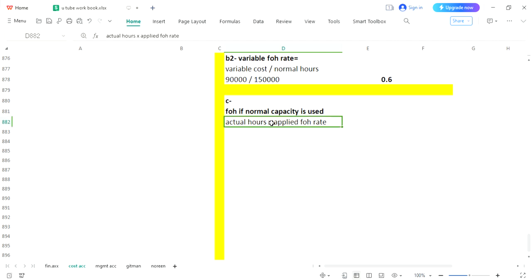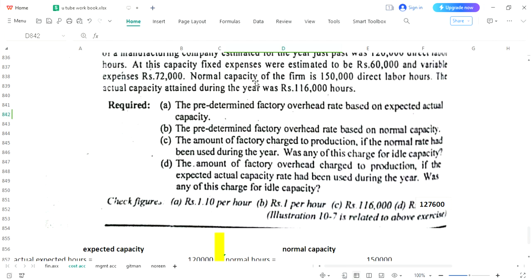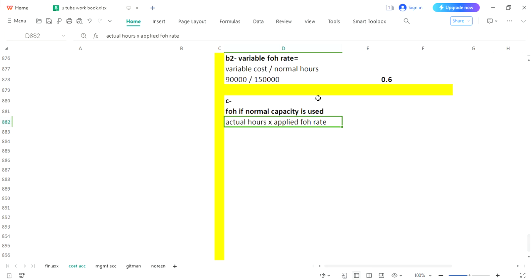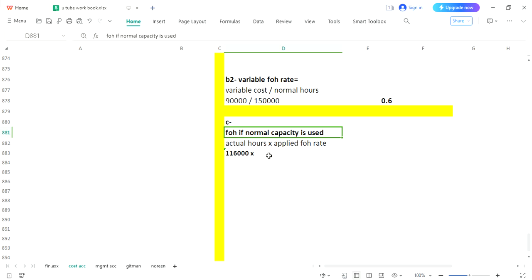So actual hours are given in the question. The actual capacity attained during the year is 116,000. So 116,000 actual hours, multiplied by the applied FOH rate. The applied FOH rate according to normal capacity that we have calculated is 1.